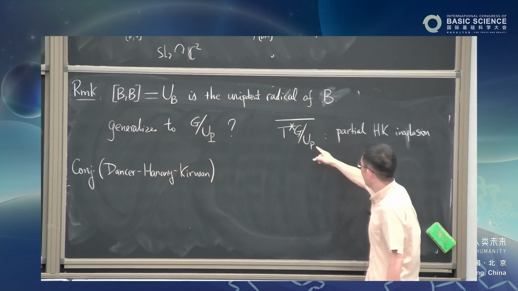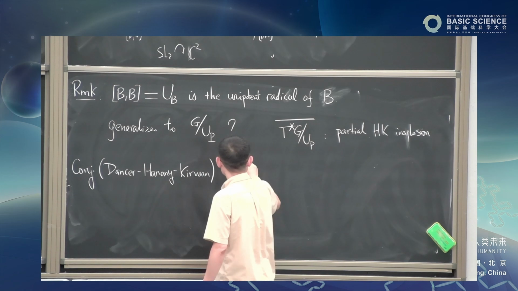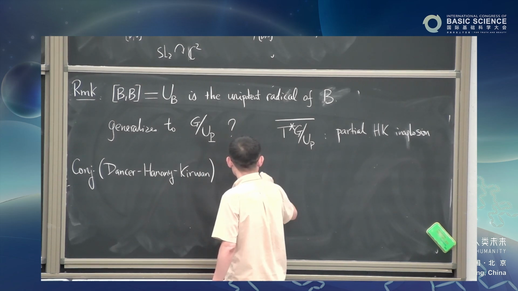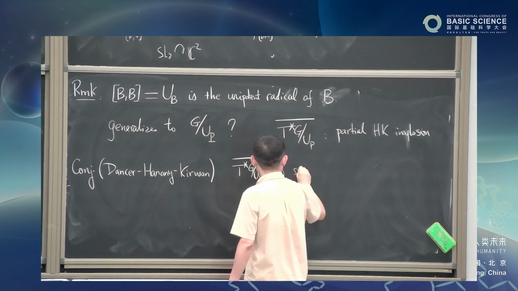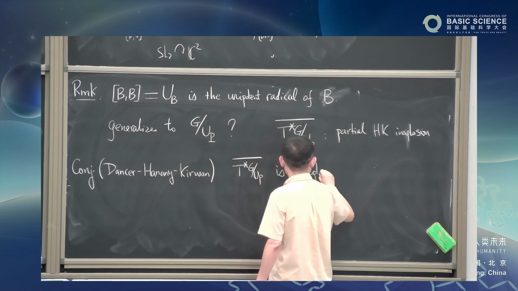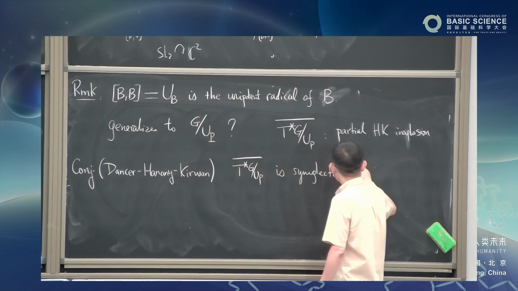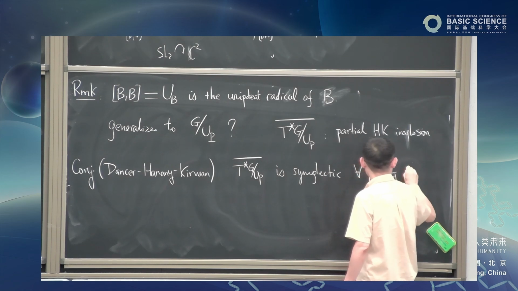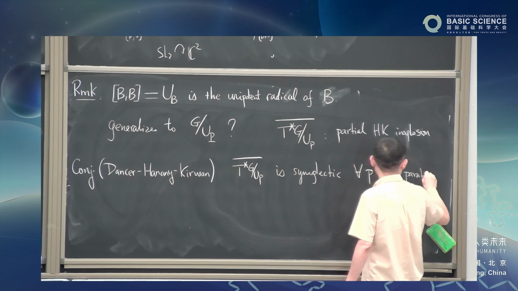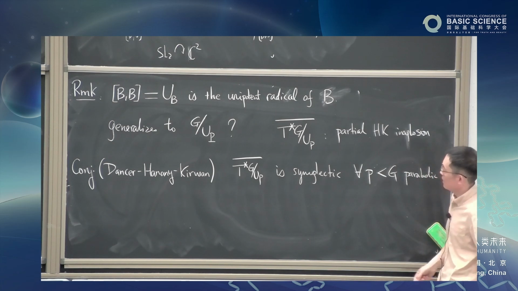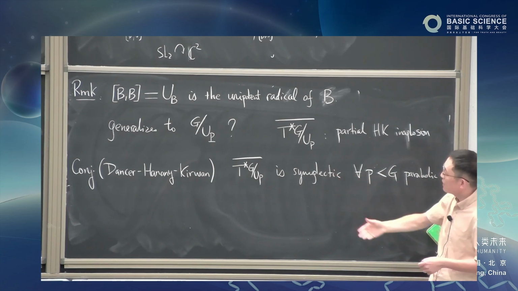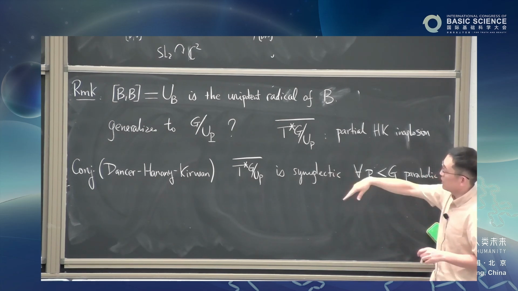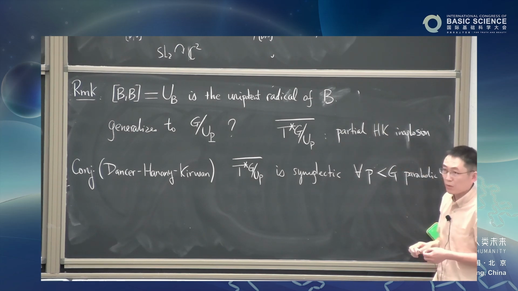In fact, the conjecture is that this one is also symplectic for any parabolic P. So this would give another direction of generalization of the former conjecture of Ginzburg and Kazhdan.